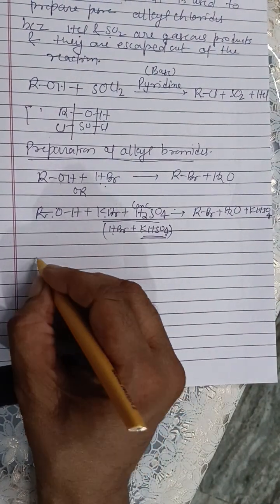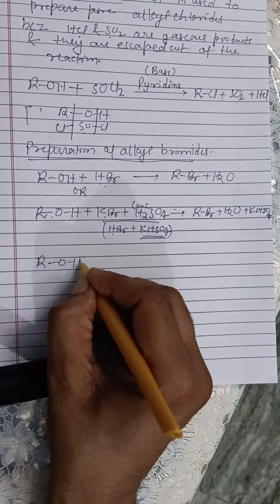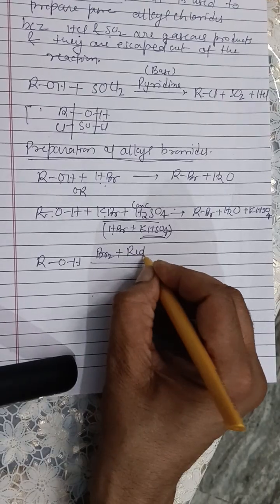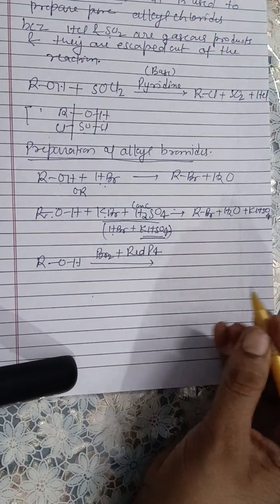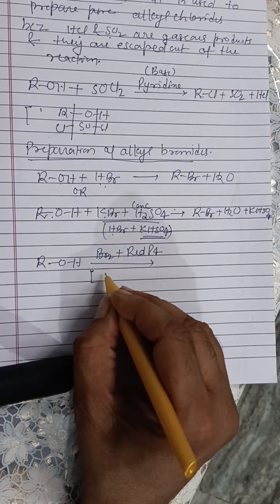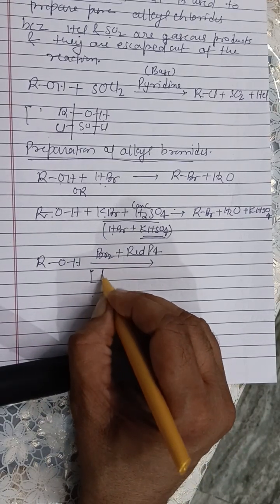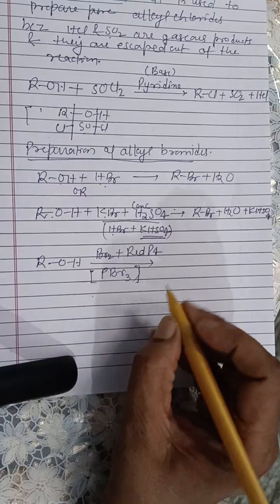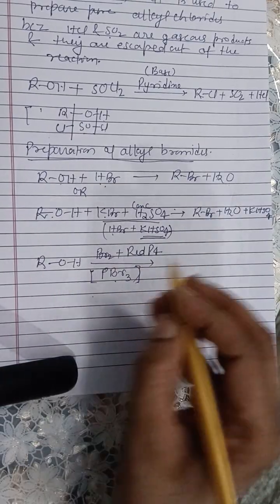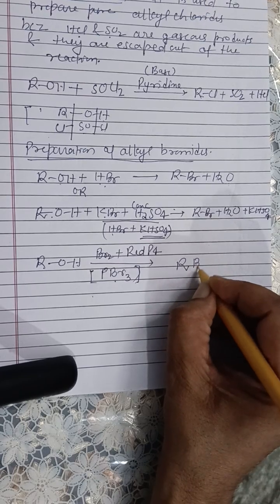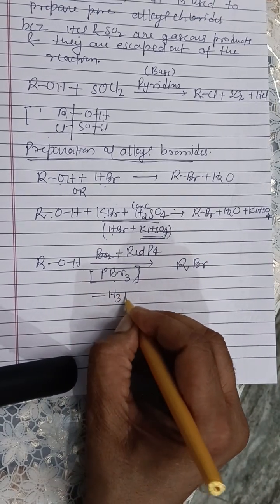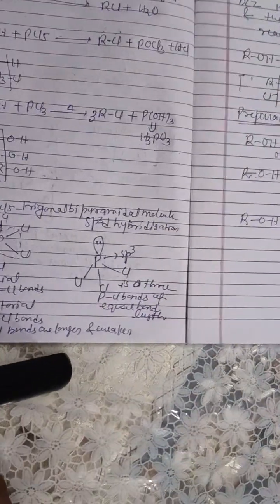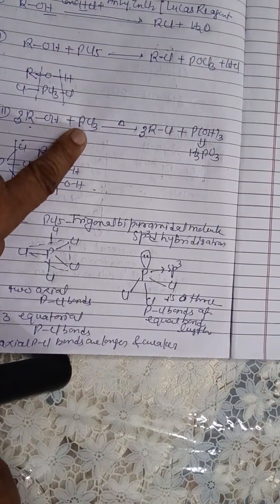Next will be alcohol with Br2 plus red phosphorus. Here an unstable compound PBr3 is formed, which combines with alcohol to form RBr, and H3PO3 will be removed as was in the reaction between alcohol and PCl3.